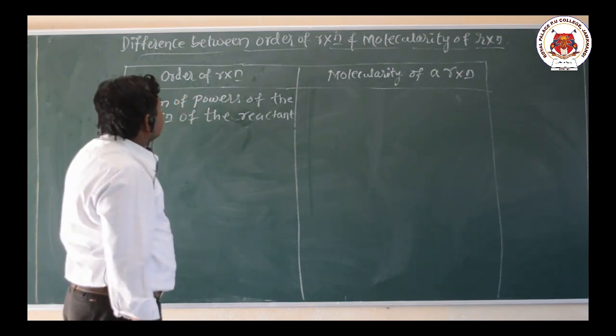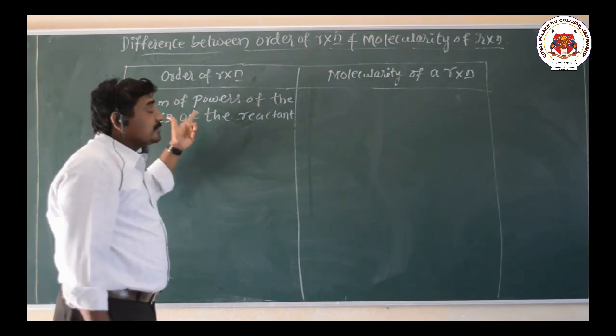That is called the order of a reaction. This is an experimentally determined step.